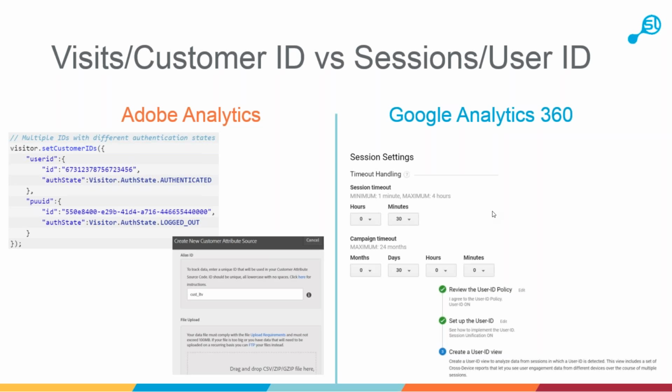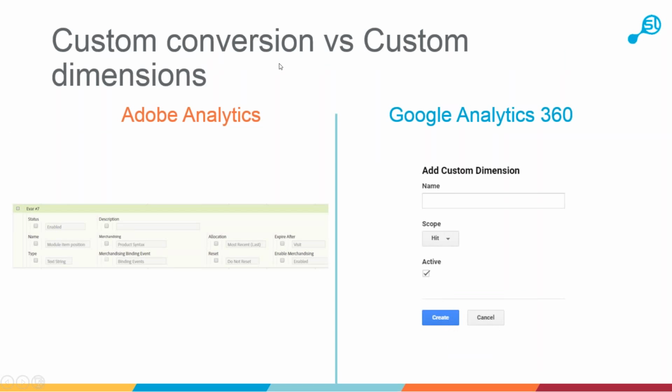The additional thing to bear in mind here is that the way the session data tracks is that Google always looks at the last value for a session in the context data. So thinking back to the previous slide about custom conversion and custom dimensions and this allocation, it's always by default looking at the most recent value, okay?